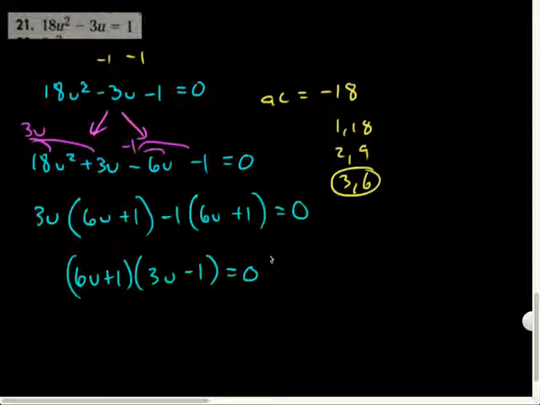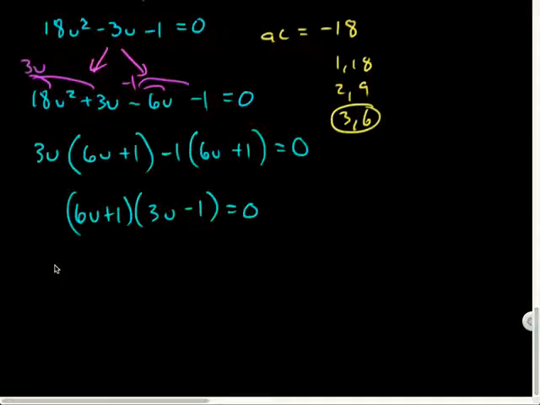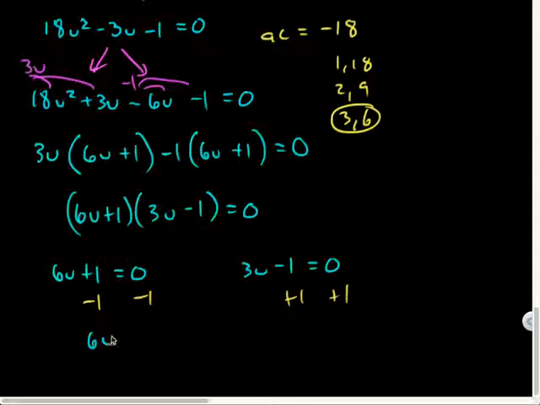Hey, I've got two things that multiply to be 0. So I've got to set each one equal to 0. 6u plus 1 equals 0, or 3u minus 1 equals 0. So let's solve. Over here I'll minus 1, over here I'll plus 1. 6u equals negative 1, 3u equals positive 1.